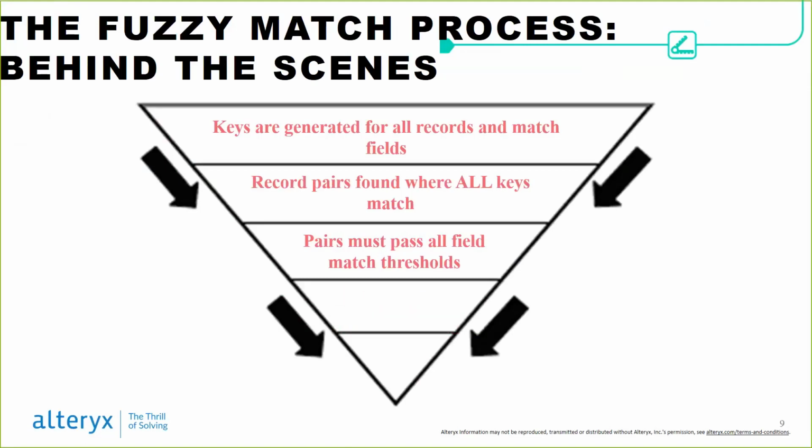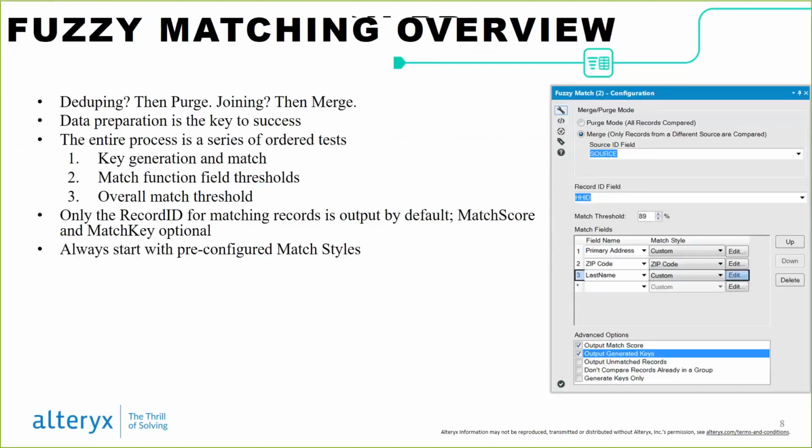So if I were to go back to this other slide here really quick, I have this match field scenario. Here are the fields that I've chosen to generate keys on: primary address, zip code, and last name. And within each of these, if I were to click a button, I would have to say what the threshold of fuzzy matching would be in order for them to quote unquote pass.